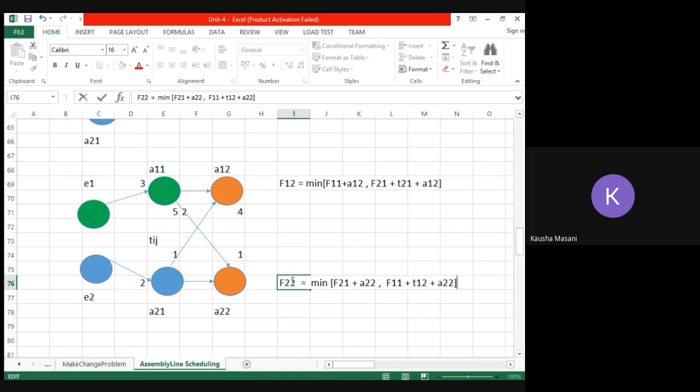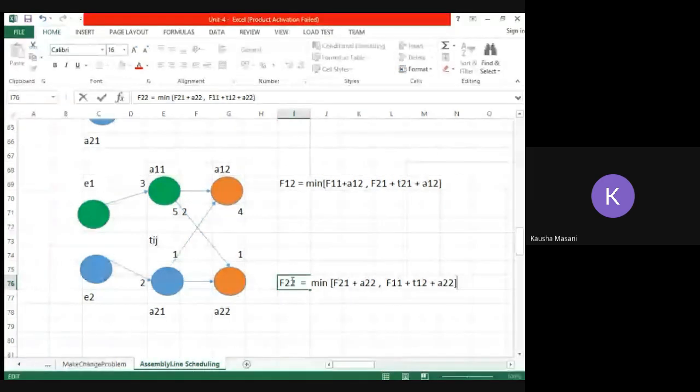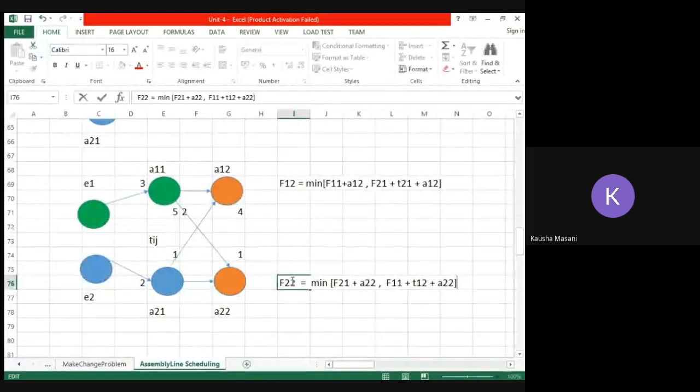There are two ways to calculate. Either I maintain the same line or I come from up towards this station. This is your T12, T1 to T2. This is your line 1, this is your line 2. So from line 1 to line 2, that's why T12. Okay.